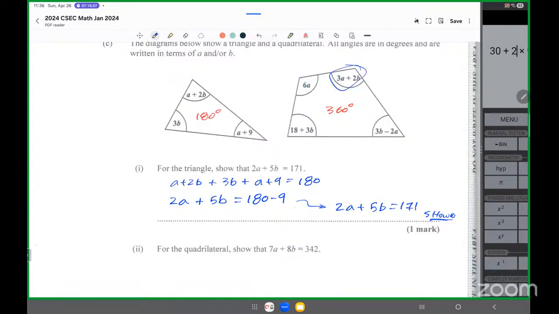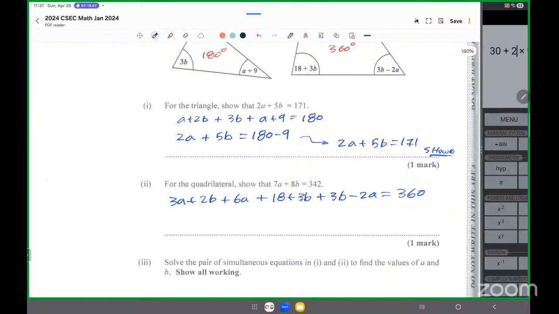So let's do this one first. 3A plus 2B, plus this 6A, plus this is 18 plus 3B, plus this one, 3B minus 2A. That's all equal to 360 degrees. And you simplify and consolidate.